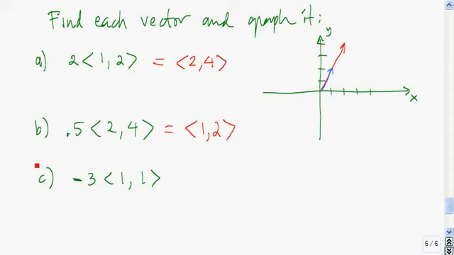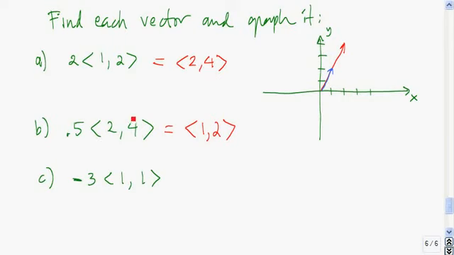Okay, for the next vector, you should have gotten the vector 1, 2. So we started with the vector 2, 4, which we have from our previous example is all the way up here. After multiplying it by 0.5, we ended up with the vector 1, 2. In this case, since we multiplied the vector by a fraction, we ended up shrinking the vector.